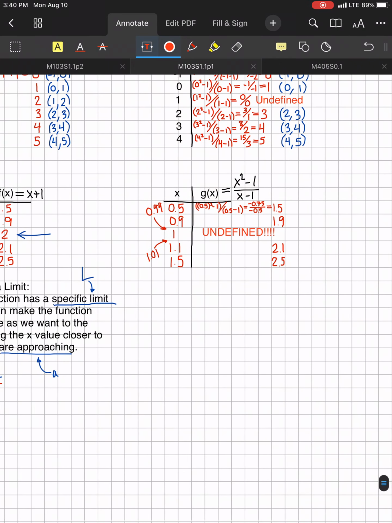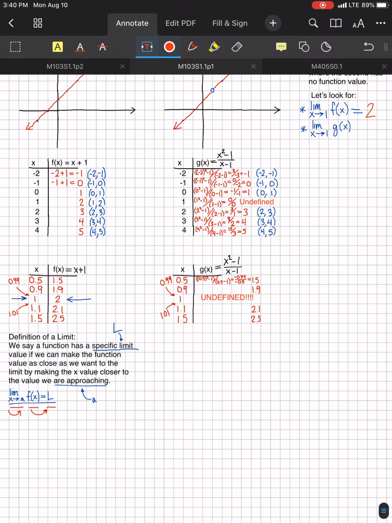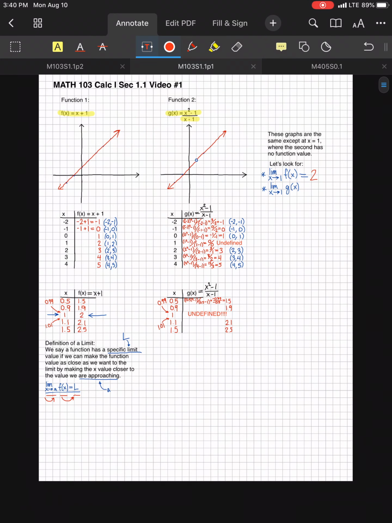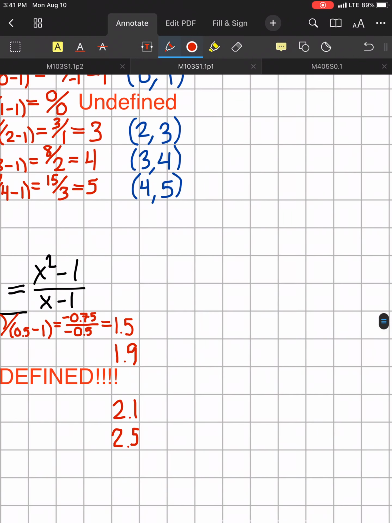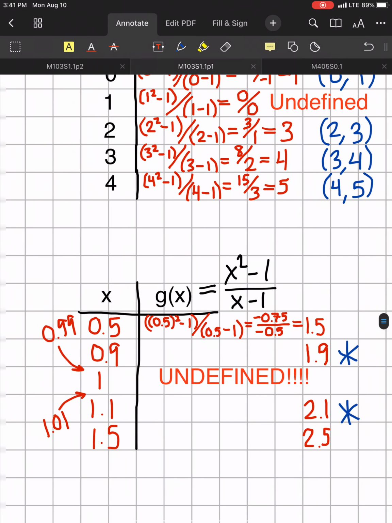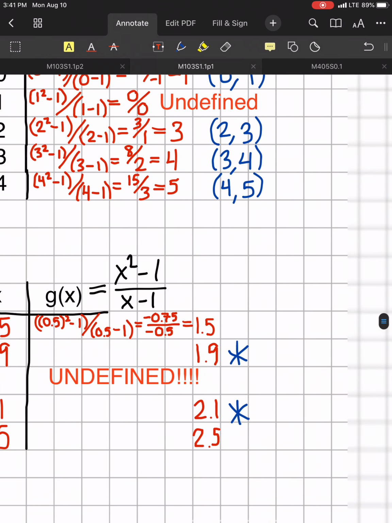So the one value is still the same that we had before, but we can see no matter how close we're getting in, we can get as close to this value of 2 that we're looking at. So here I got 0.1 away. If we'll look right here, here I got 0.1 away from 2. Here I got 0.1 away from 2. If I had plugged in these 0.99 and 1.01, I would have gotten 0.01 away from that.